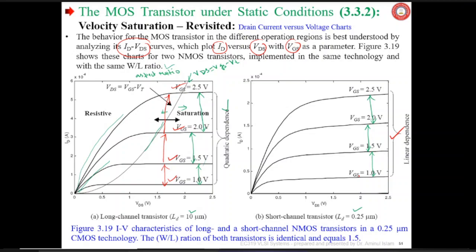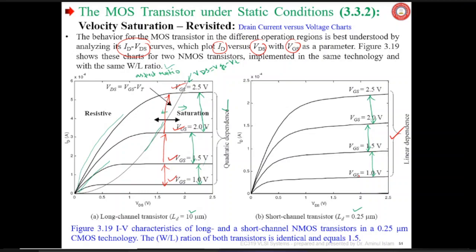We would expect the devices to display identical characteristics. The main difference, however, is that the first device has a long channel, while the second device has a channel length of 0.25 micrometer and experiences velocity saturation. Consider the first long channel device. In the resistive region, the transistor behaves like a voltage controlled resistor, as the current is increasing at a 45-degree angle.